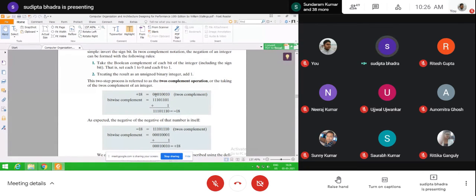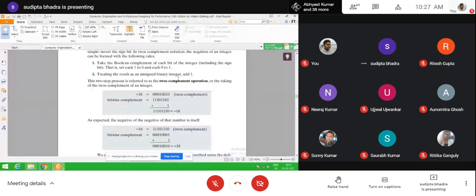Take the bitwise complement of that number, the Boolean complement of each bit of the integer. Please follow step 1: take the Boolean complement of each bit of the integer including the sign bit, that is, all the 1s become 0 and 0s become 1, and treat the result as an unsigned integer.